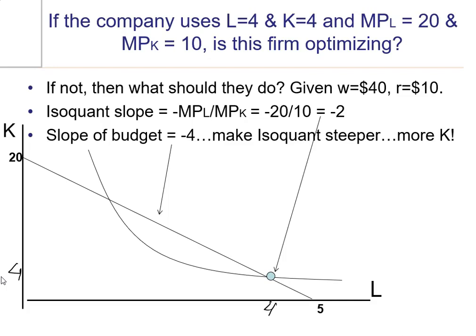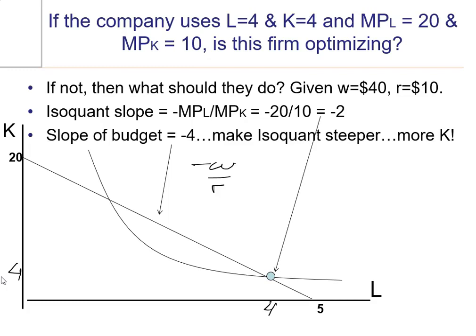So if the firm's not optimizing, what do you suggest that they do? Well, let's take a deeper dive into this. The slope of the budget constraint, or the isocost, is negative W over R. Watch the video on isocost to determine how we get this slope being negative W over R. The slope of the isoquant is this ratio of MPL over MPK.